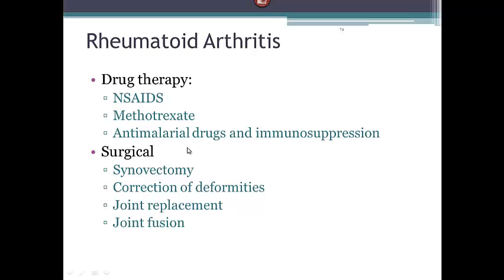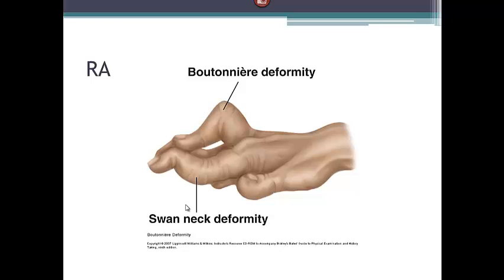This is not only for improving lifestyle. These are the boutonniere deformity, and this is the swan neck deformity, pathognomonic for rheumatoid arthritis.